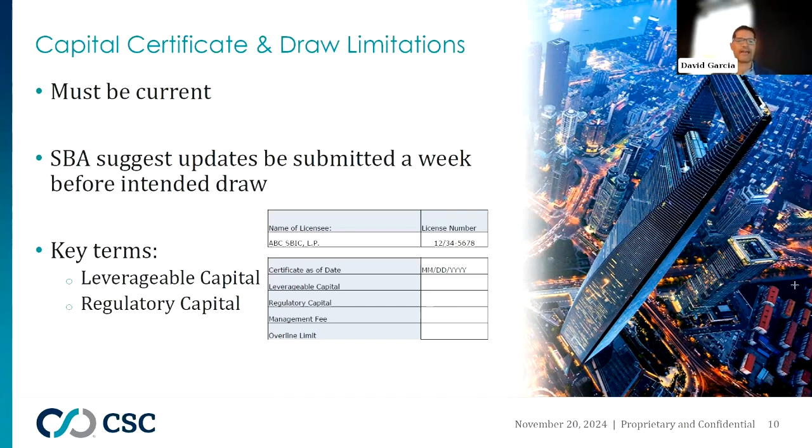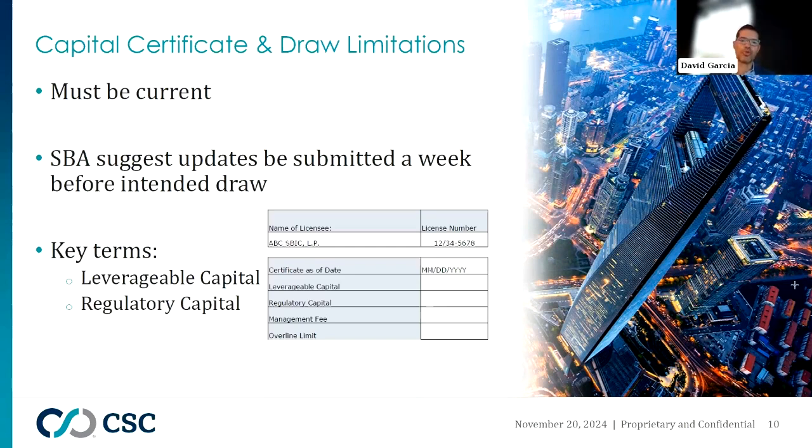I say that specifically because we should not put any receivable, any cash you have not received, in leverageable capital. So when a fund calls $10 million from its investors and it's received $10 million, I'm expecting to see leverageable capital of 10.